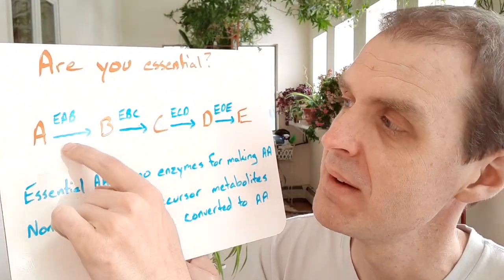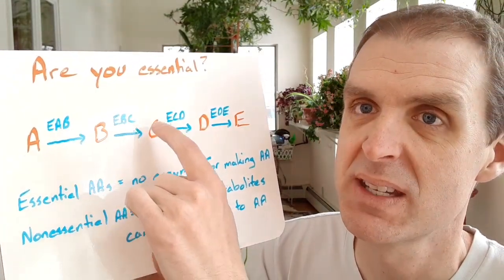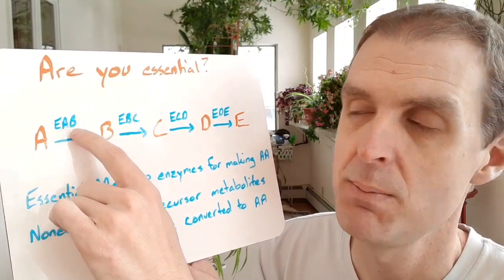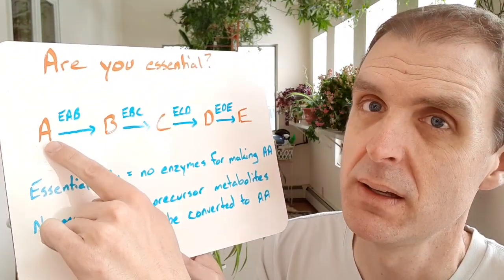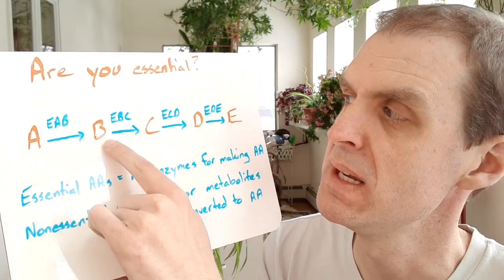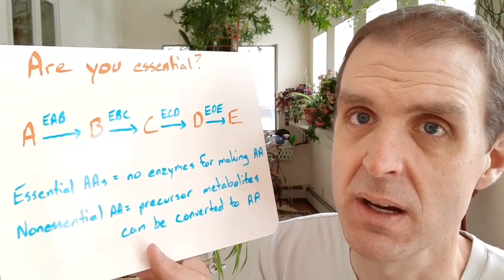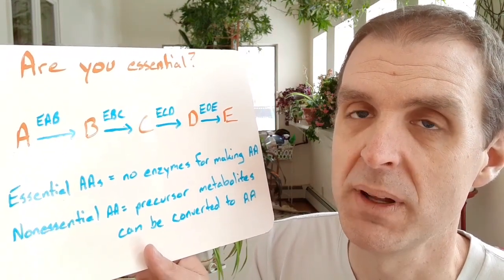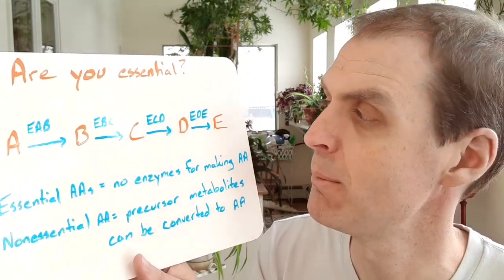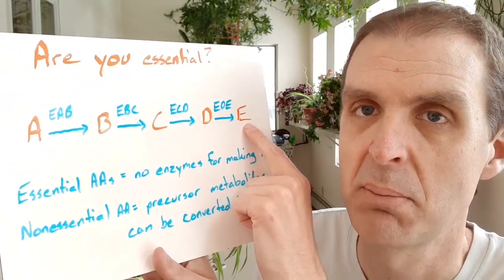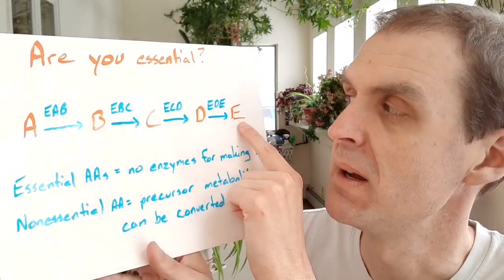And so I have some generic enzyme names listed here. The first enzyme is E for enzyme AB, meaning it would take metabolite A and convert it to B. And so then I have 3 more enzymes listed here that take one metabolite and convert it into the next metabolite. So let's say E in this generic example represents tryptophan.